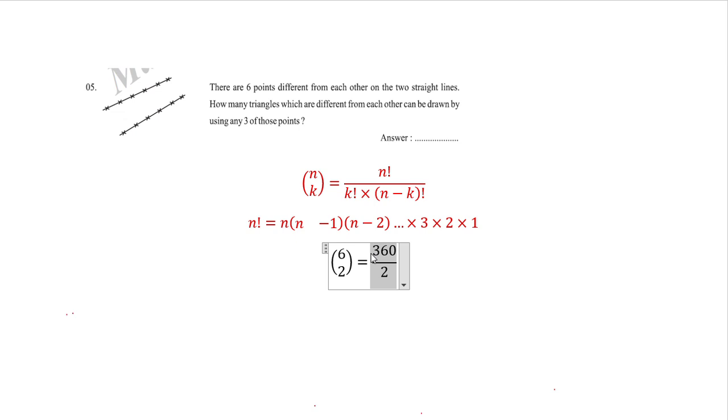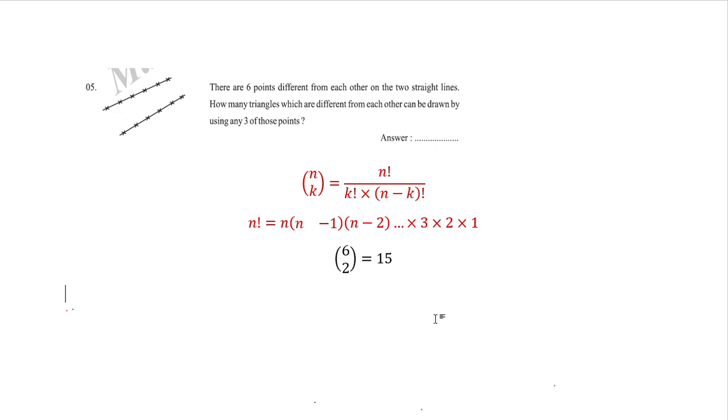Then we can divide this by 12, so then we will have 30 as the remaining. And then we can divide this whole fraction, and then we have 15. So 6 choose 2 is 15, which means there are 15 ways that we can choose 2 elements from 6.